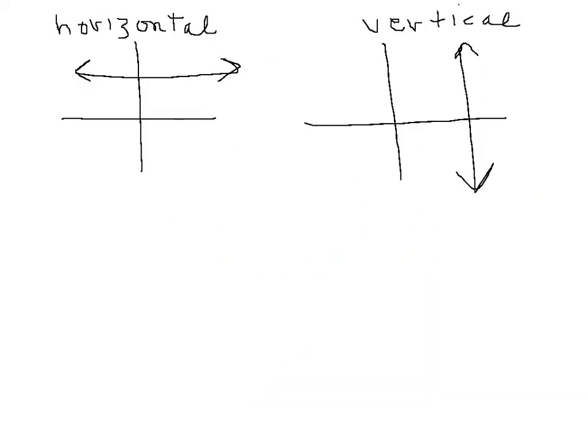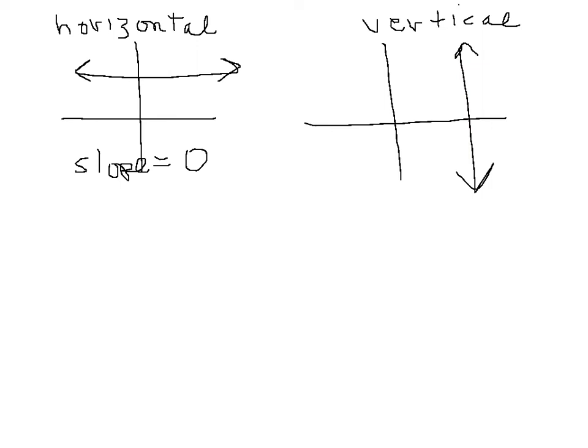So just a couple of comments on some special lines. If a line happens to be horizontal, what you'll notice is that the change in y between any 2 points is 0. And so in this case, the slope is going to equal 0. On the other hand, if you look at a vertical line, y is changing, but x is the same.